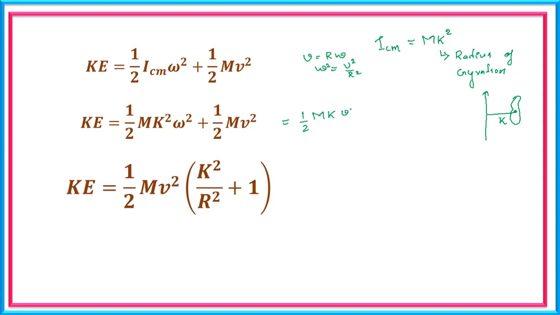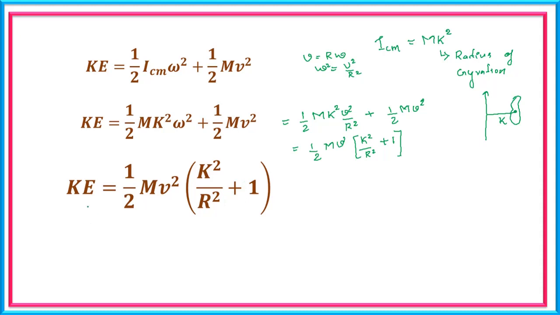Half mk square into V square by R square plus half mV square. Let me take half mv square as common from this. When taken as common, I will get k square by r square from the first term, and the second term turns out to be 1.